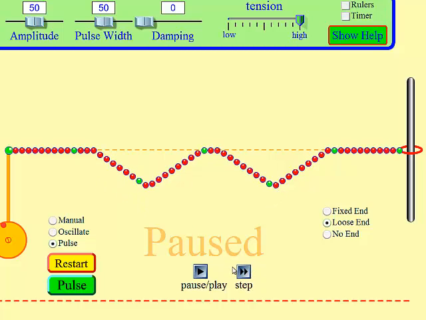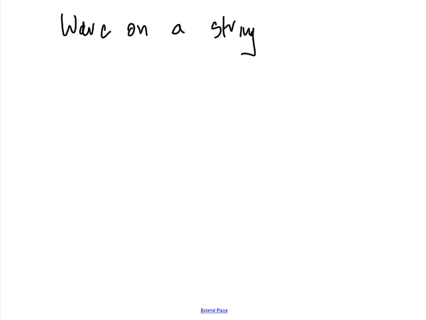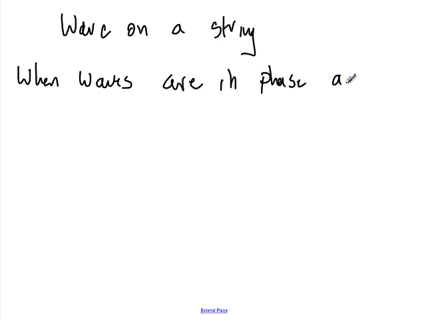So depending on if the waves are in phase or out of phase with each other, they can either get bigger or get smaller. Okay? And that's what we call constructive or destructive interference. So wave on a string, I'm going to say when waves are in phase, a bigger wave results.